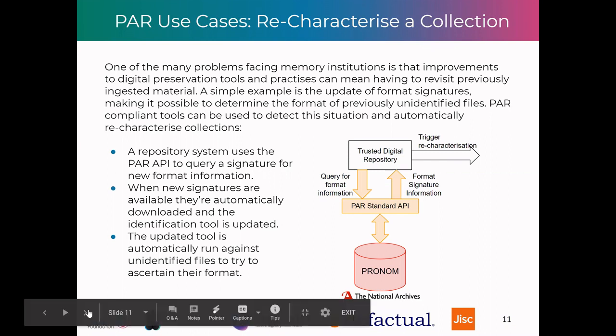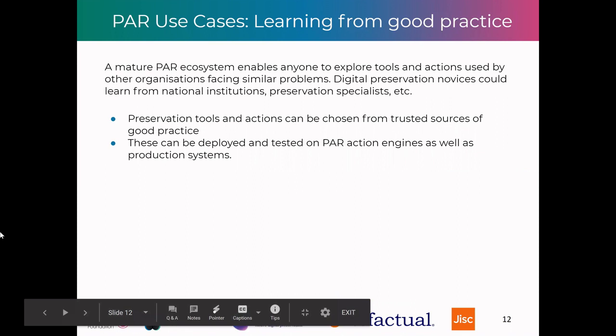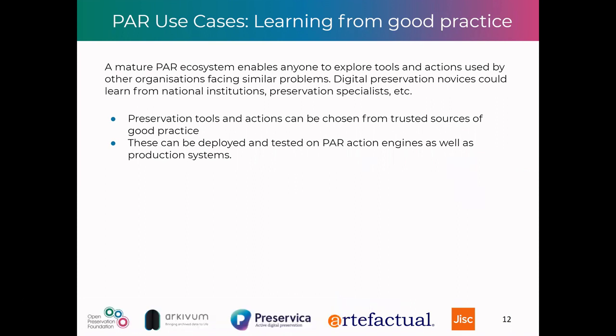Next slide, please, Becky. And finally, this one doesn't have a diagram, but the idea here is that a mature PAR ecosystem would allow people to learn from good practice from trusted sources.